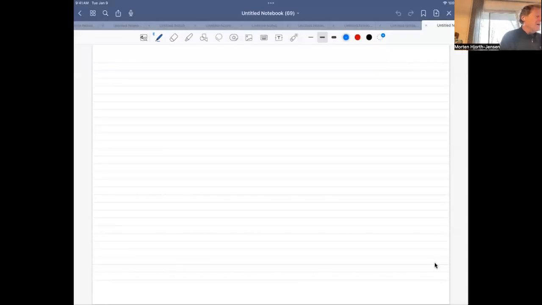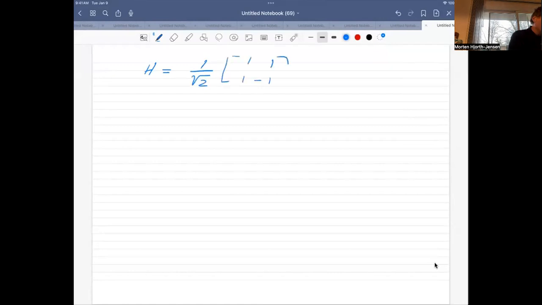If you look at the Hadamard gate, which we are setting up, this is a gate which acts on 1 qubit. You would typically see this written as an H for Hadamard, and it is given by the following matrix of 1, 1, 1, minus 1.